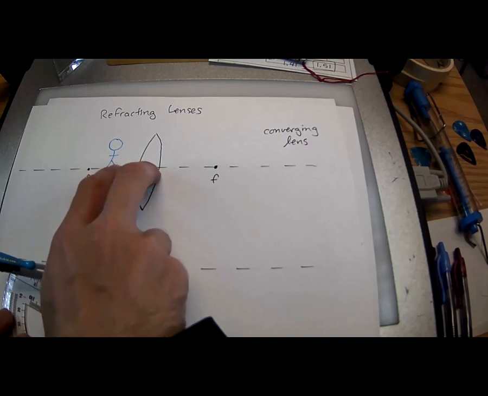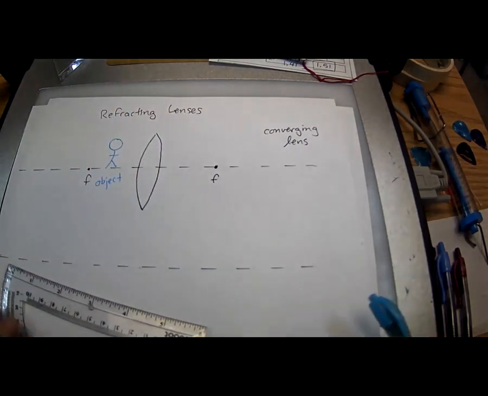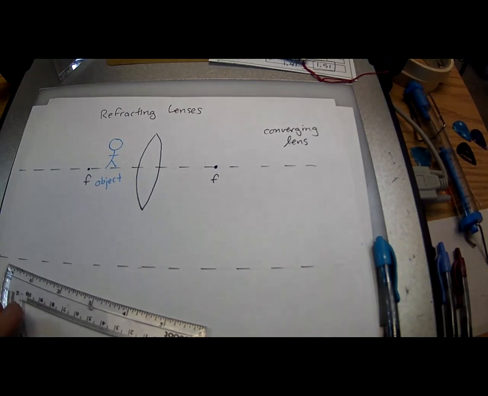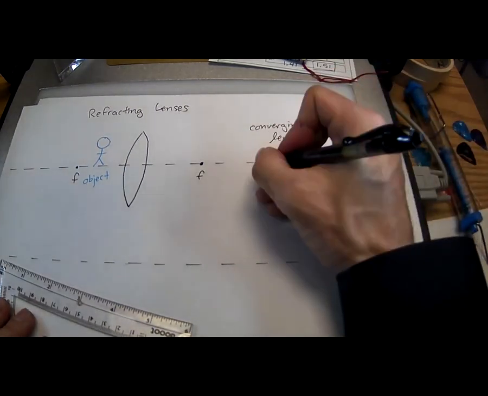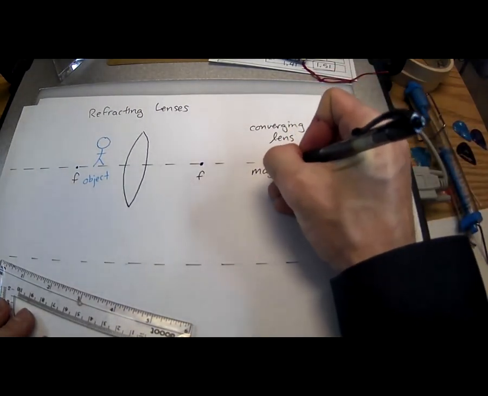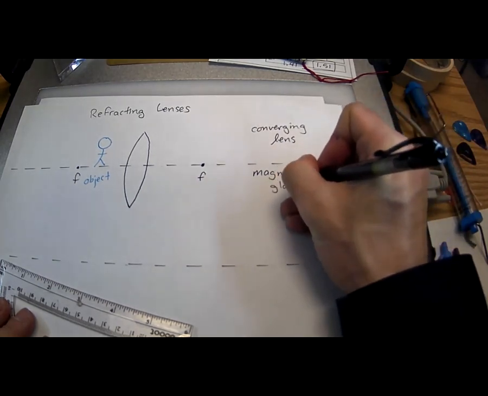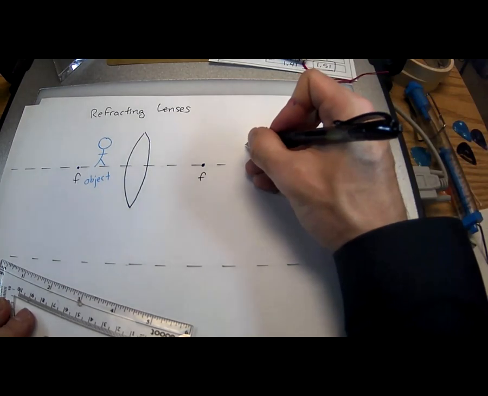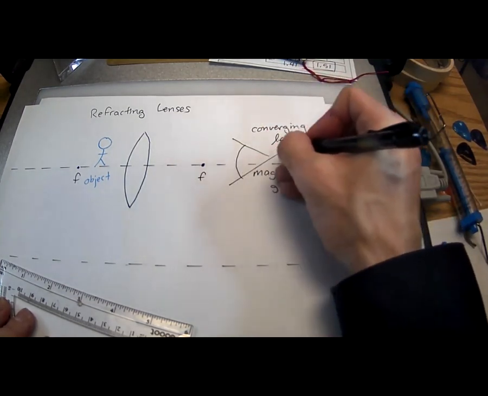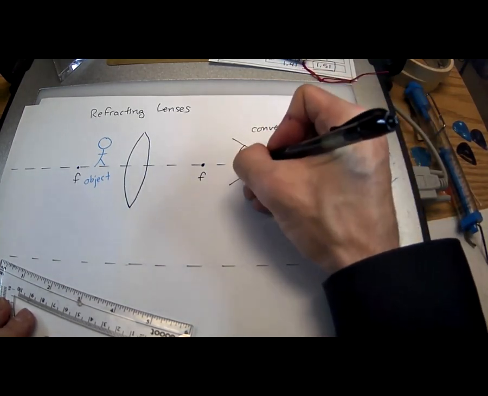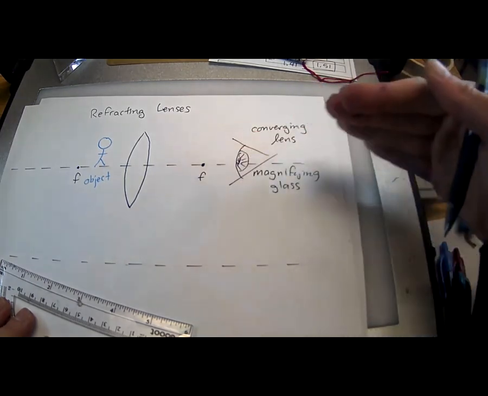If you do that, I'll tell you what the outcome is going to be even before we do the ray diagram. This is going to be a magnifying glass. And your perspective is like you're over here, there's an eyeball looking this way, looking to the left.